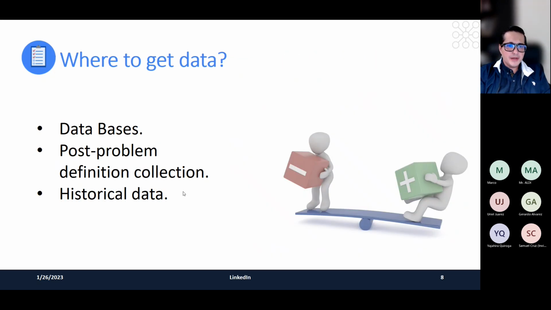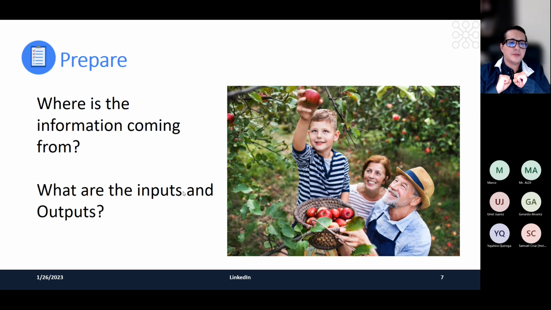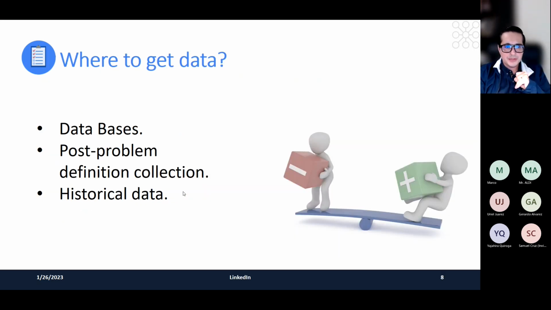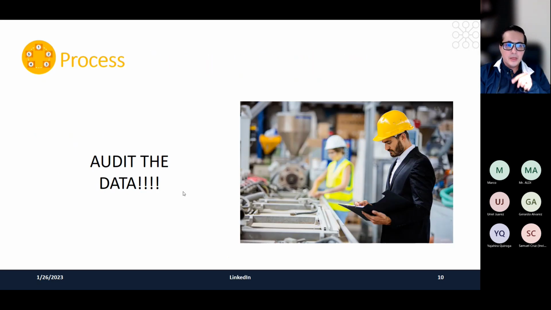Now, after we prepare, after we answer the questions, where is the data coming from? What are the inputs and what are the outputs? We measure: are we going to get it from a database, are we going to collect data points or information after the problem is defined, or are we going to use historical data? This is the step that we always miss, guys, which is auditing our data. And what does that mean?